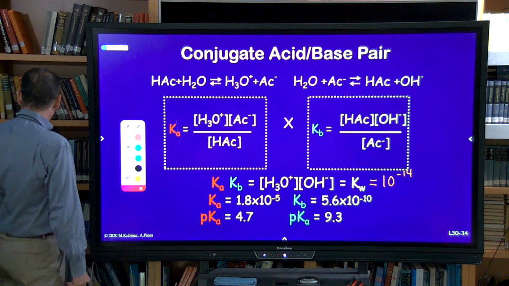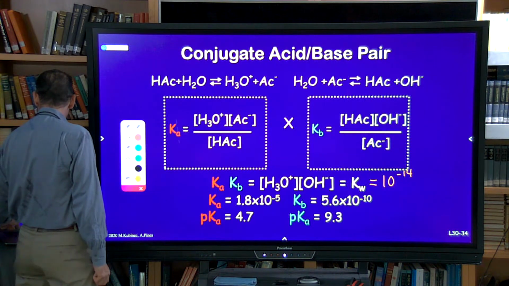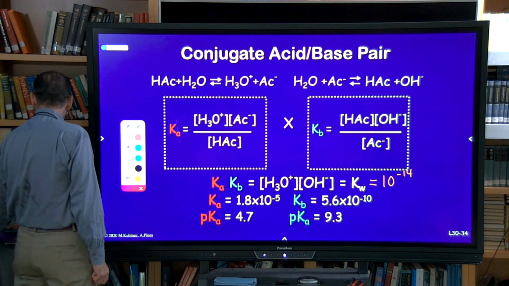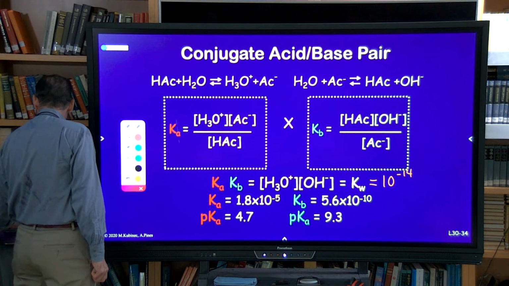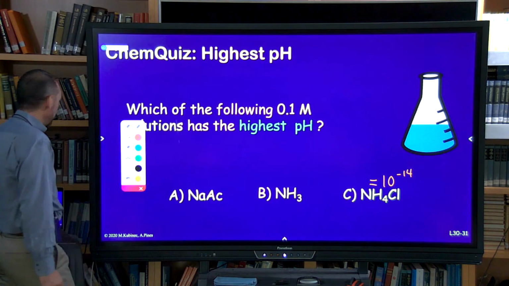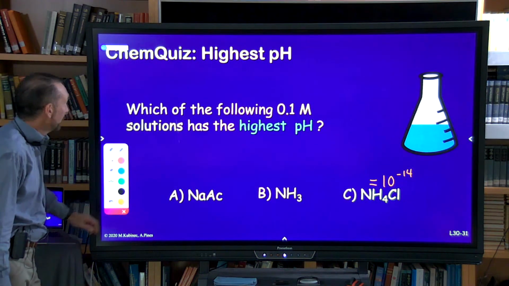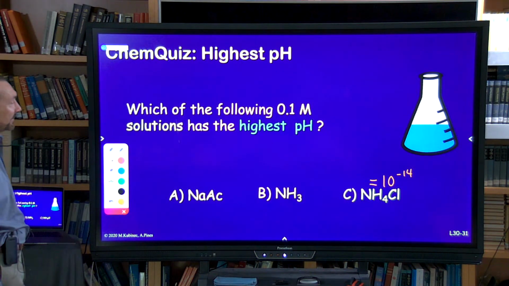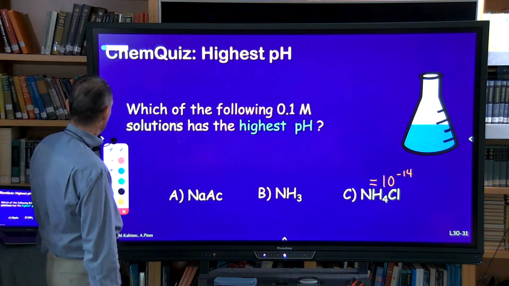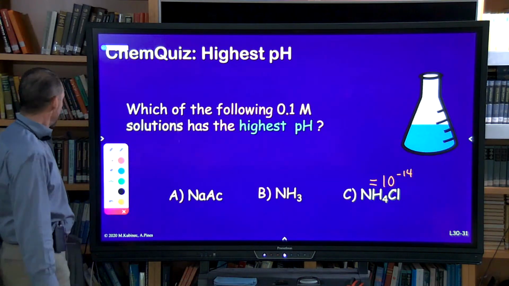So let's go back now and do that chem quiz that we were posed a second ago. Which of the following solutions has the highest pH? Oh, that's interesting.